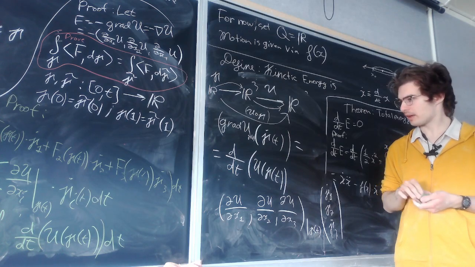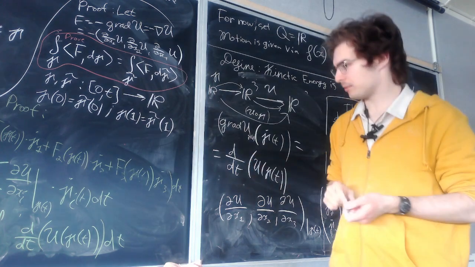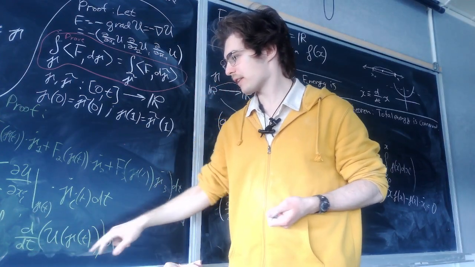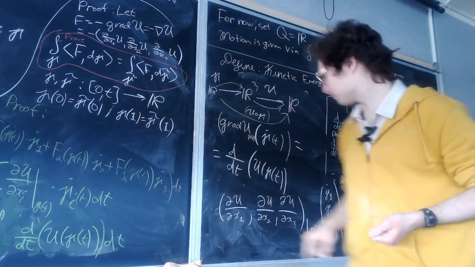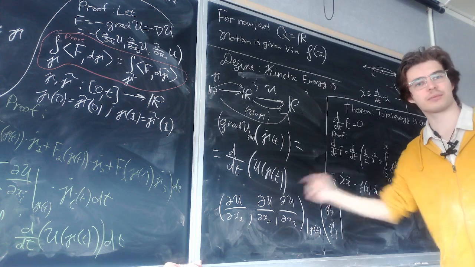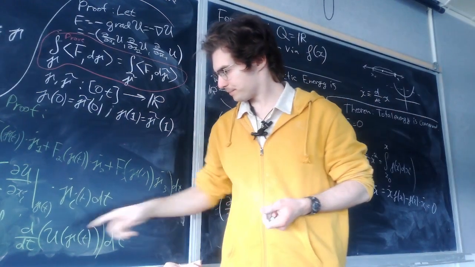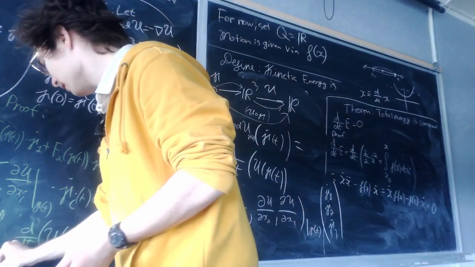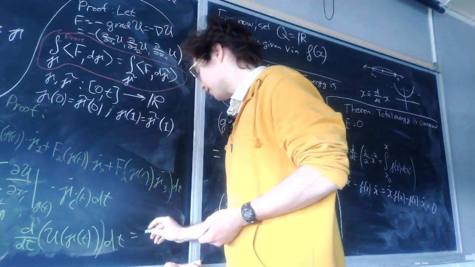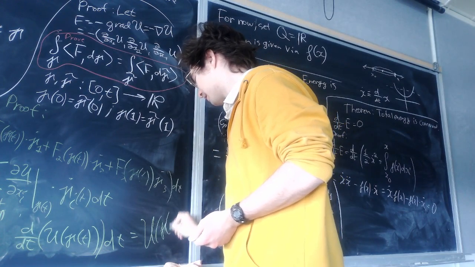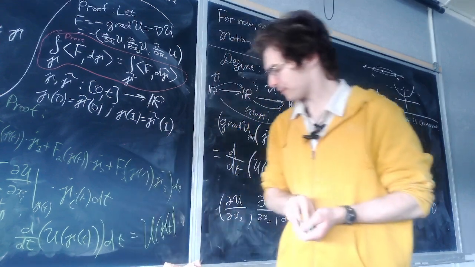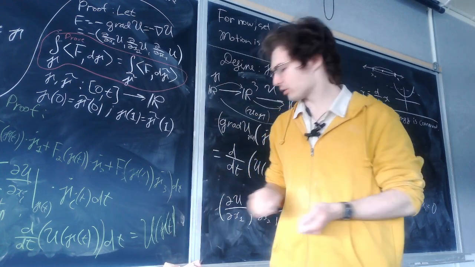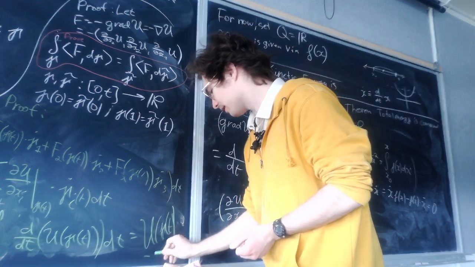Okay, so let's finish this calculation and be done with it. This is d/dt of this function, and so this sum was from the matrix multiplication here. So this goes away. But what does this have to be? If this is from 0 to t, this just has to be u of gamma of t minus u of gamma of 0.